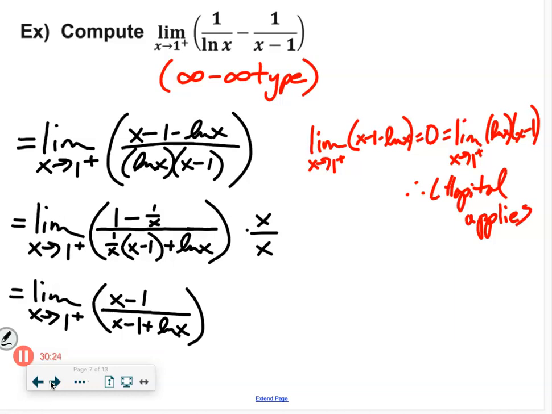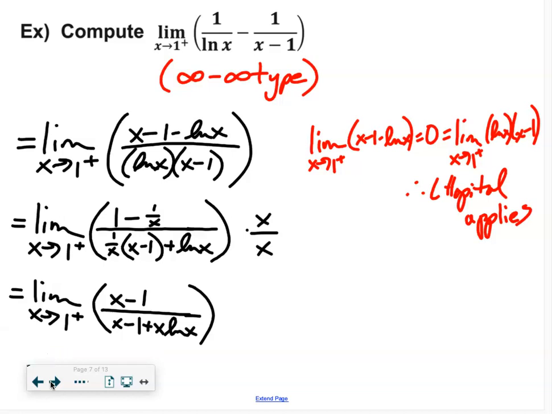Would it not be x ln x for the bottom? Oh, thank you. x ln x. Good multiplying there, Ryan.